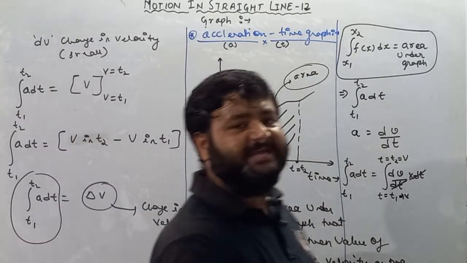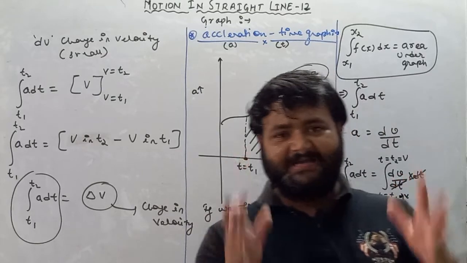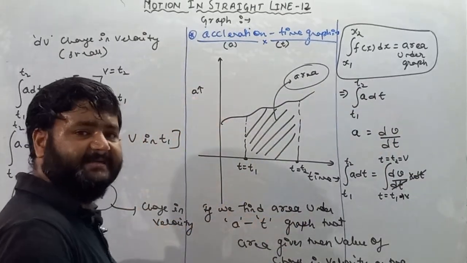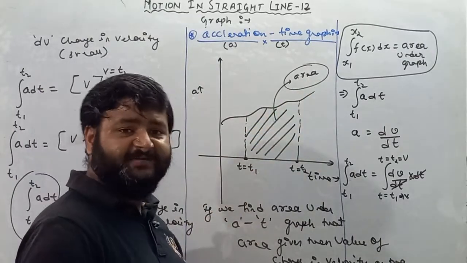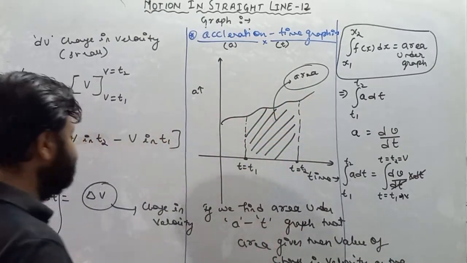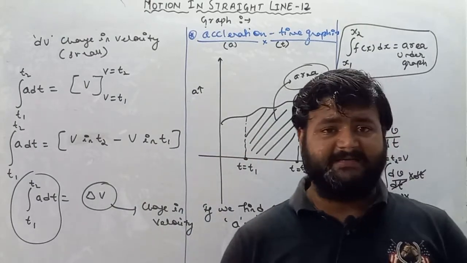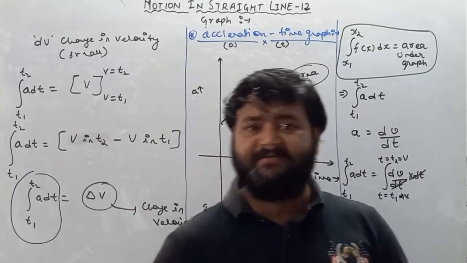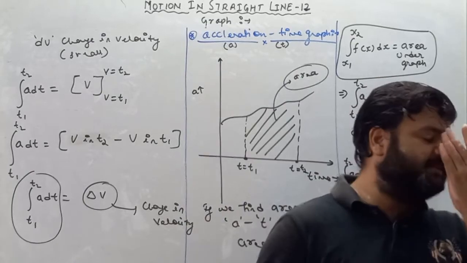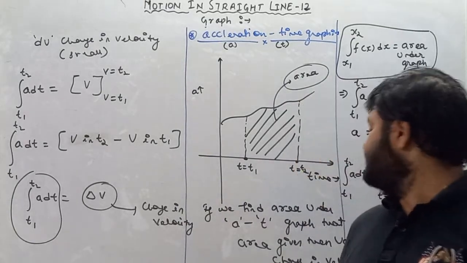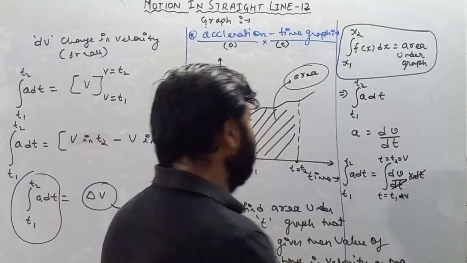We'll get the change in velocity. So the final conclusion is this: if we have a graph of acceleration and time, find the area of the graph. That area gives the value of change in velocity of the particle. So the area under the acceleration time graph gives the value of change in velocity. I hope you all understand.